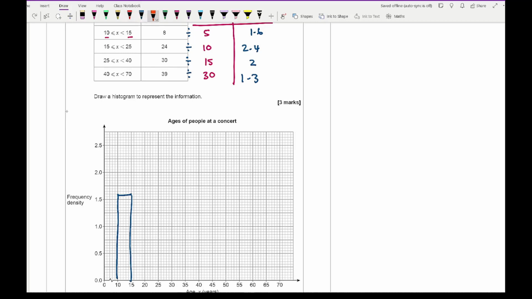So 15 and 25, so it stops there. At 2.4, so it's just 2 squares below 5. Mine's going to look really bad. Ruler should. And then the next one, 25 to 40, is at 2.